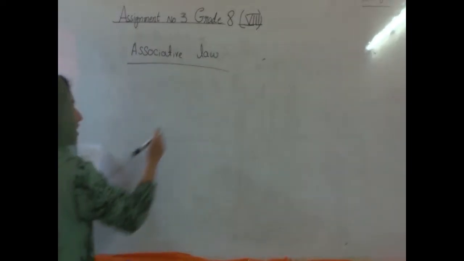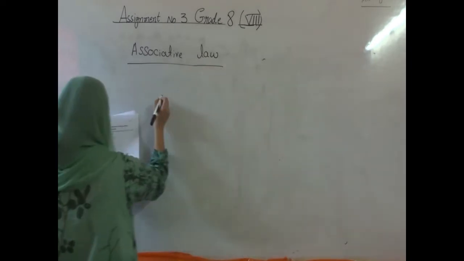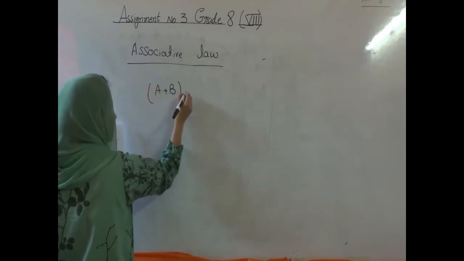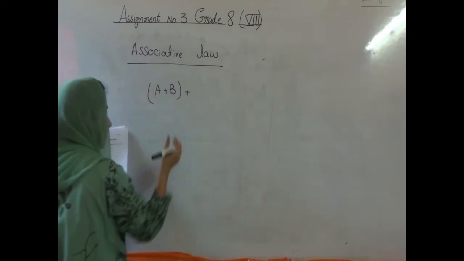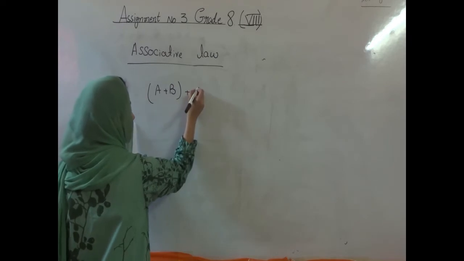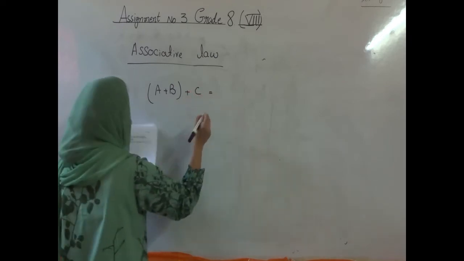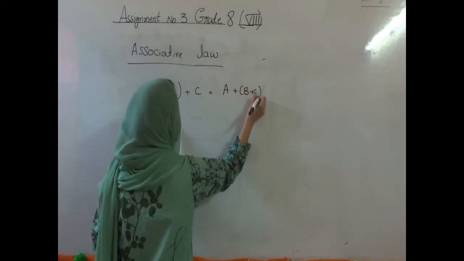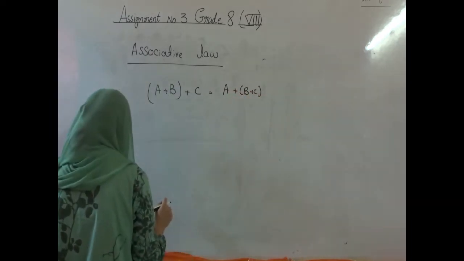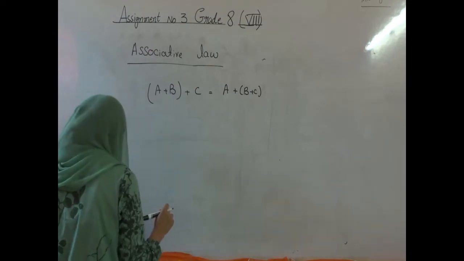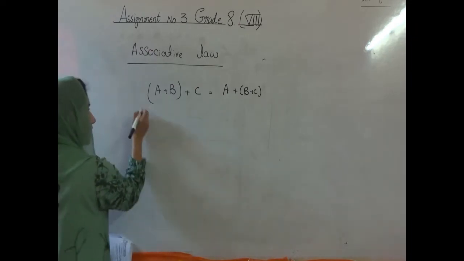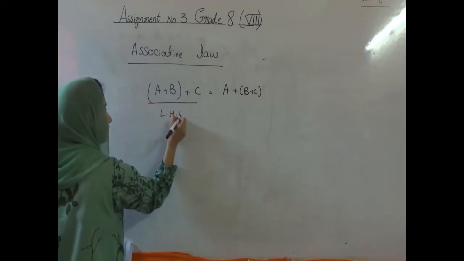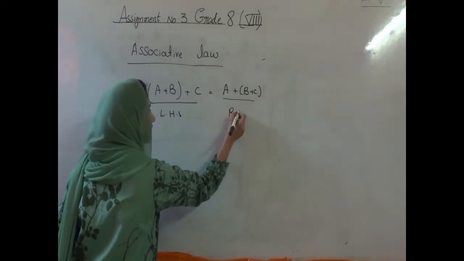In the associative law, when we add A plus B first and then add the obtained matrix to C, the answer will be the same as when we add B plus C first and then add A. Okay, so we will prove that. Let's suppose this one is the left hand side and this one is the right hand side.